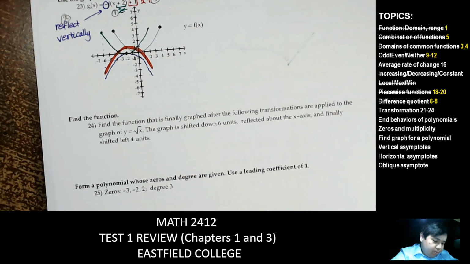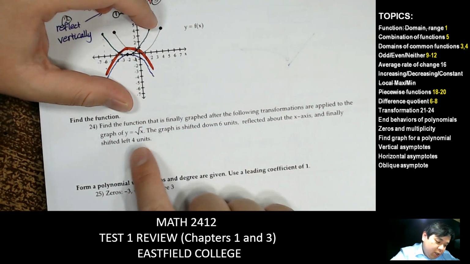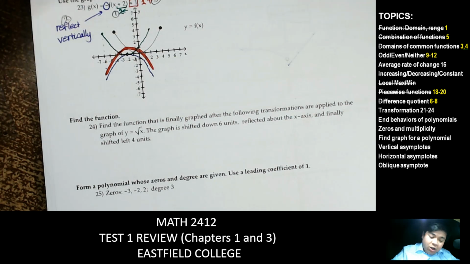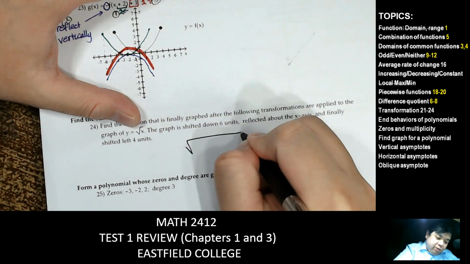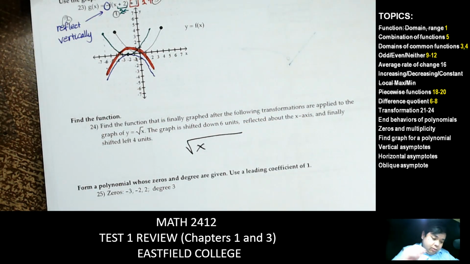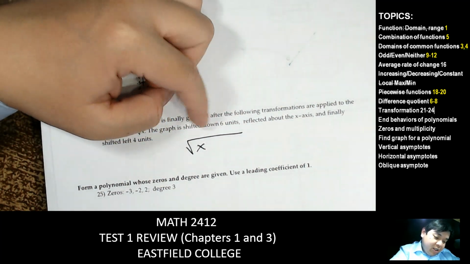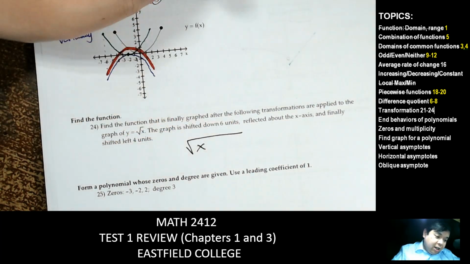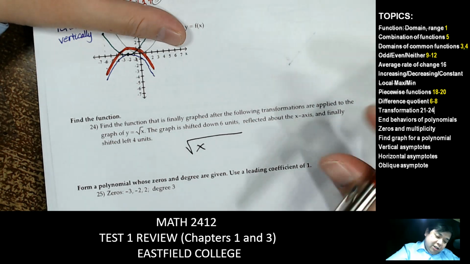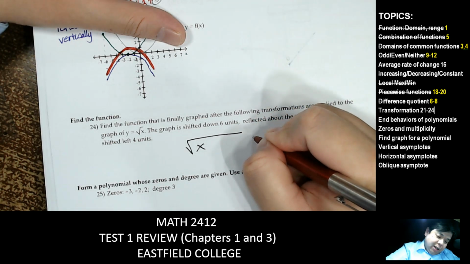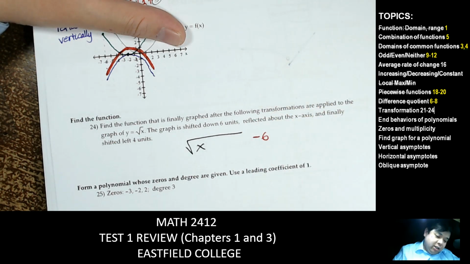Right, next find a function that would apply to the graph of square root of x. So we start with the basic function, and the graph is shifted down 6 units. That's easy. That will go down 6 units.